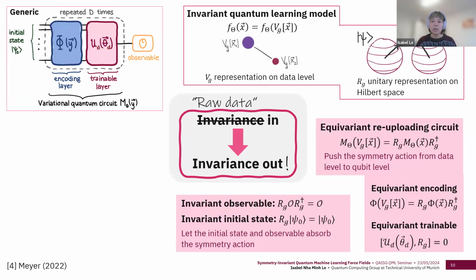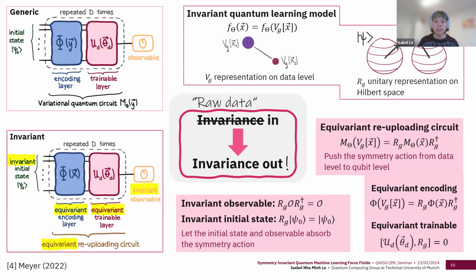Furthermore, we also need to find an invariant observable and initial state, which you can imagine as a process of absorbing the symmetry action. And then if we put all these things together, so the equivariant variational ansatz, the invariant observable, and the invariant initial state, then this results in a symmetry invariant quantum learning model as we required.